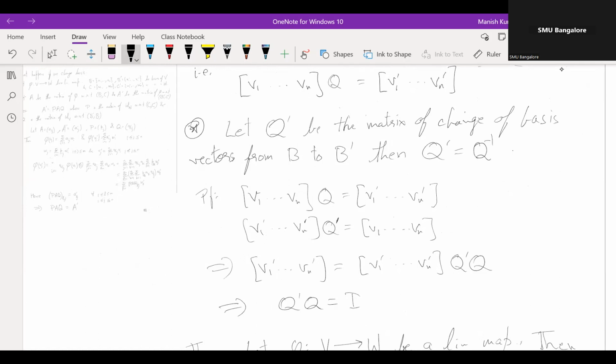If you substitute one in the other, V1 prime to Vn prime is V1 to Vn times Q, and V1 to Vn is V1 prime to Vn prime times Q prime.